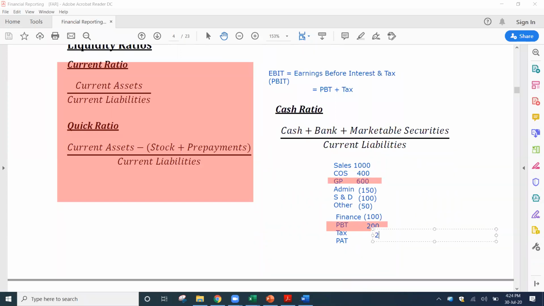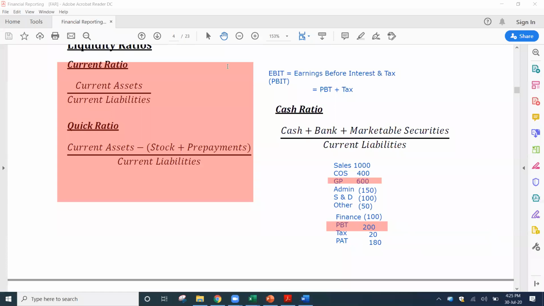If tax is 20, profit after tax is 180. This is the basic income statement.